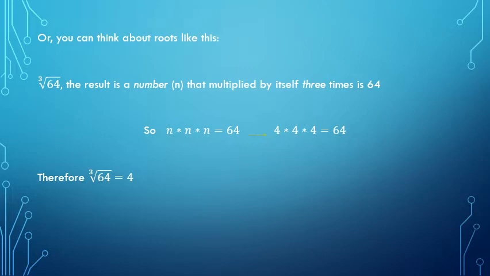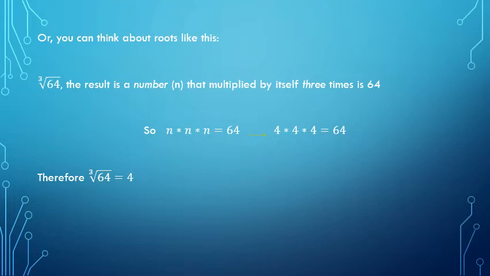Let me remind you, multiplied by itself in Spanish means multiplicado por sí mismo. So this is a number that you multiply times that same number. How many times? 3, because the little 3 over the root sign tells you that amount. So imagine n times n times n is 64.